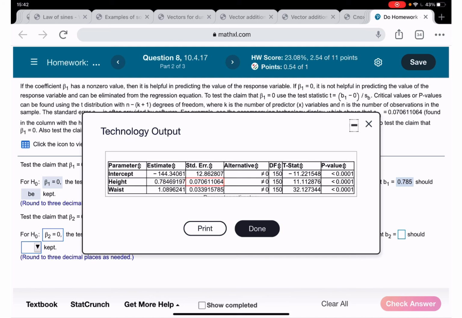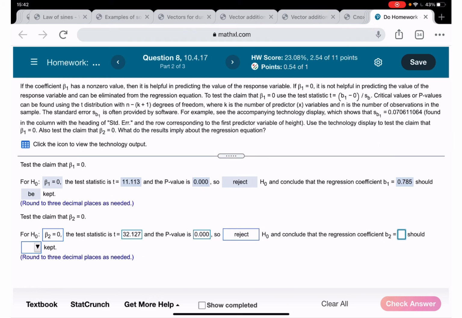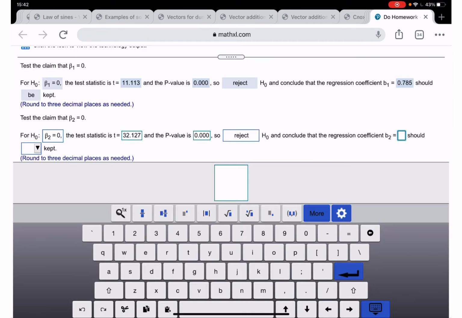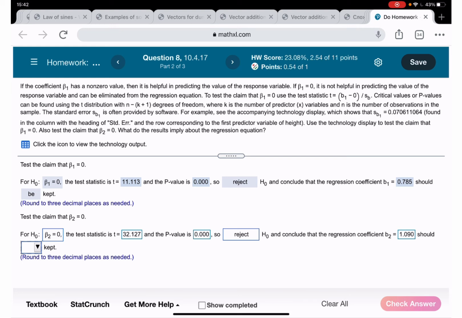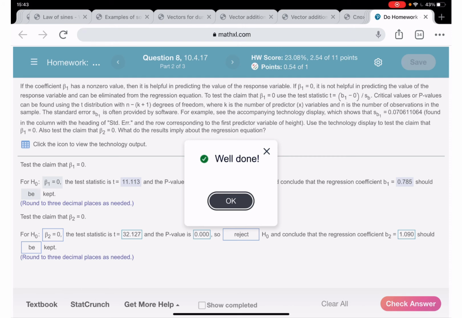Because if I round this 9, it's going to be 0 and 8 becomes 9 automatically. 1.090. Okay, and it should be kept. Obviously, if we reject the null hypothesis, then we fail to reject the alternative one.